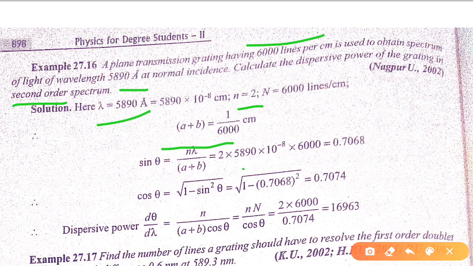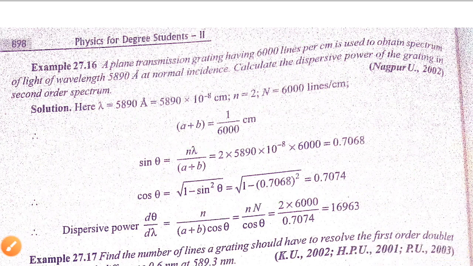So a plus b sin theta is equal to n lambda, we know the formula. So sin theta equals n lambda by (a+b), and we get the value 0.7068. Similarly cos theta equals the square root of 1 minus sin square theta, and substituting the sin theta value, we got 0.7074.